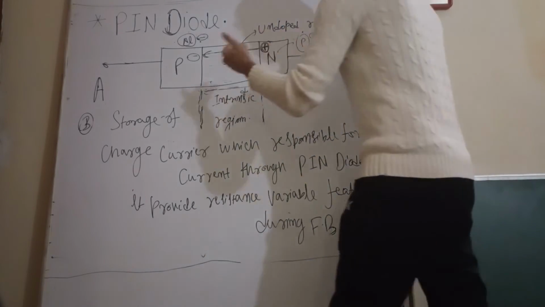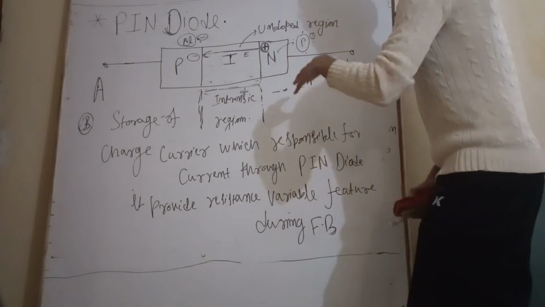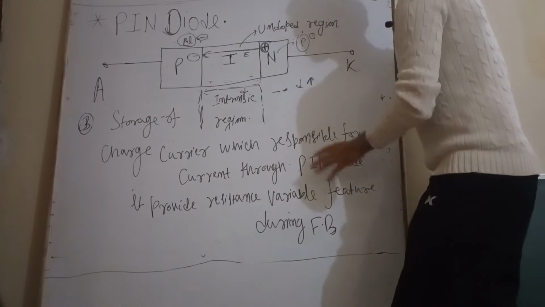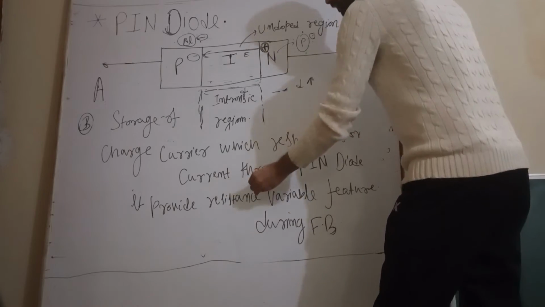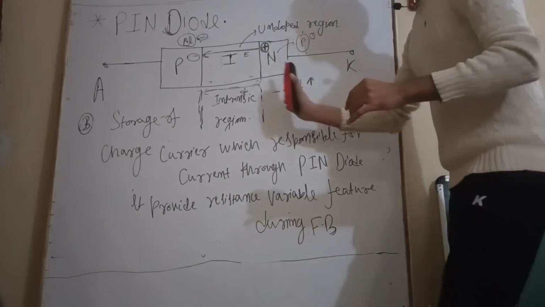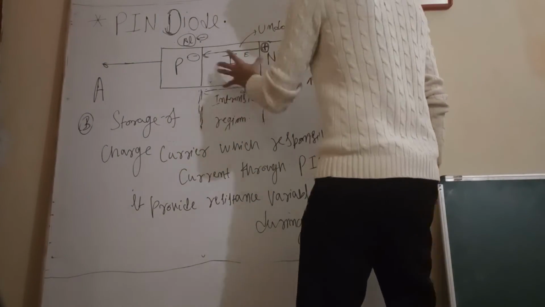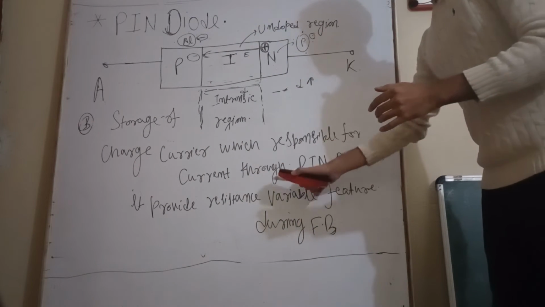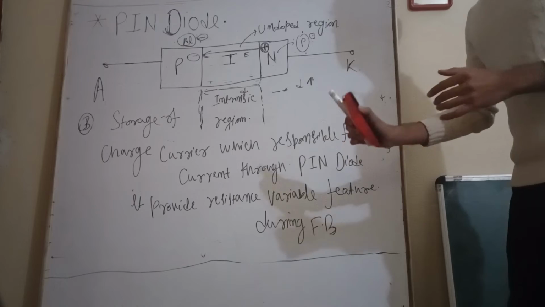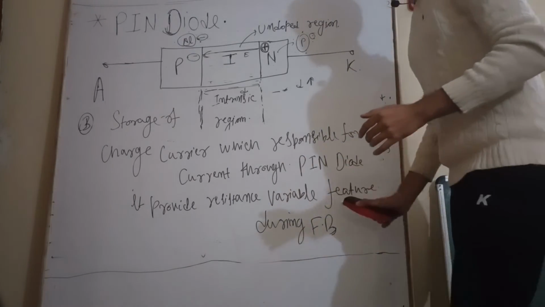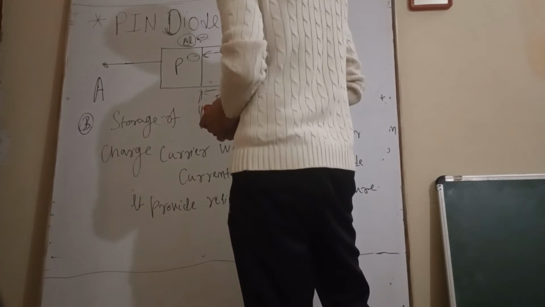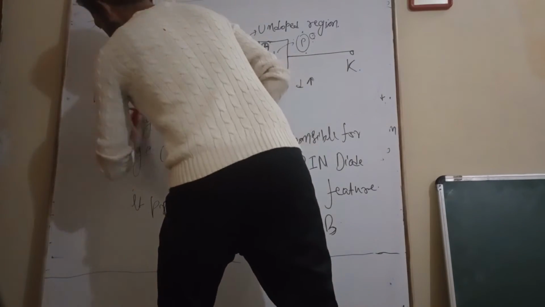Third, during forward bias it provides a resistance variable feature. As we increase the forward bias voltage, the resistance of this intrinsic region decreases. This is my third feature.